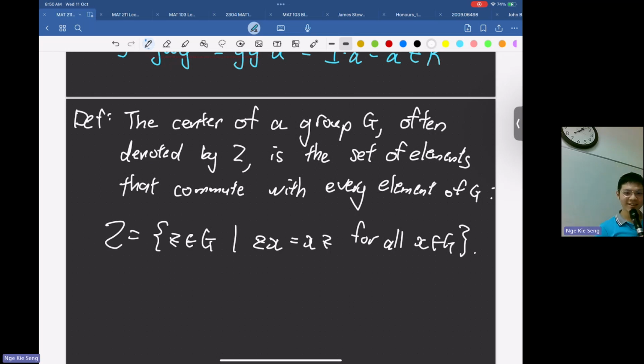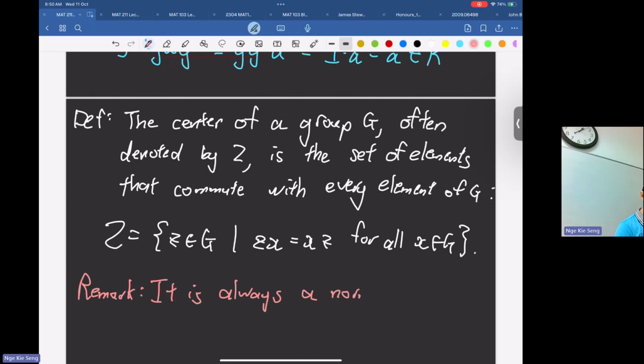So, remark: the center is always a normal subgroup of G. Do you know why? Anyone know why?